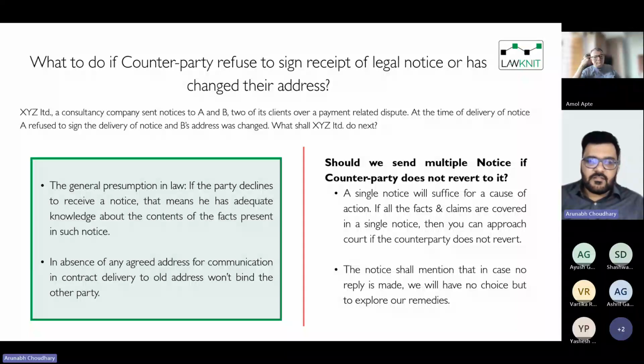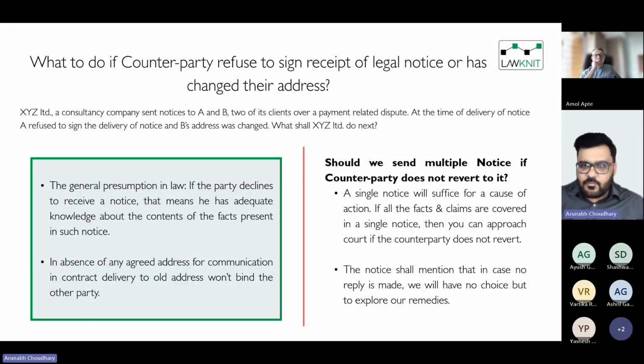What the other side has to prove is that it was not sent to their office or emailed to them. If they're claiming that it has not been received, email is the best mode, where someone cannot deny not receiving it. Even if it goes in spam, that's not a reason, unless you get a bounce back that the email doesn't exist anymore. It is always deemed that it has been delivered to the other side.